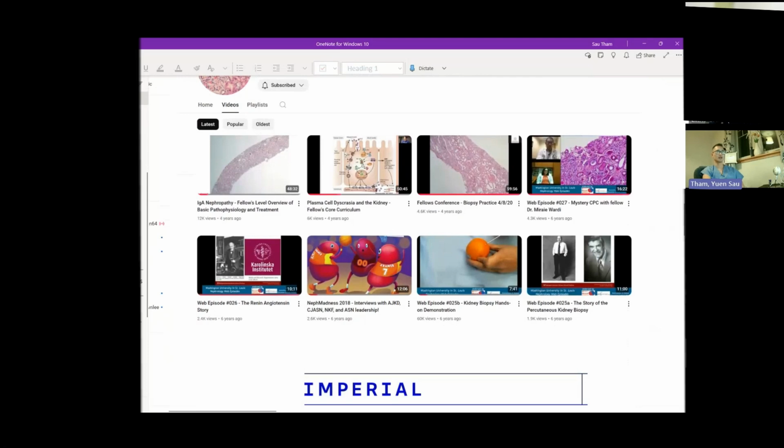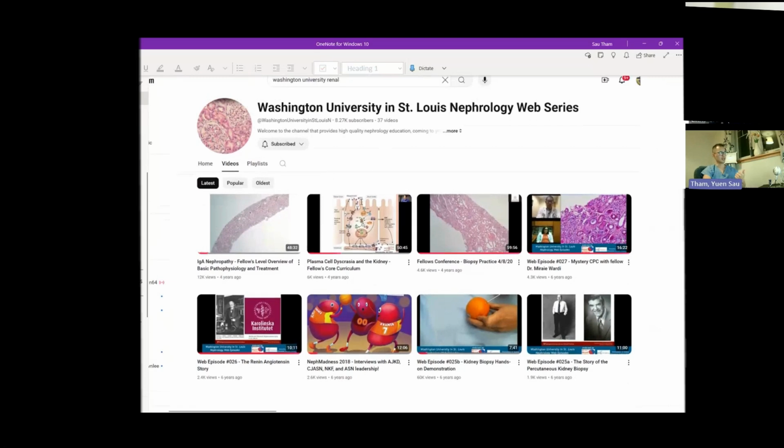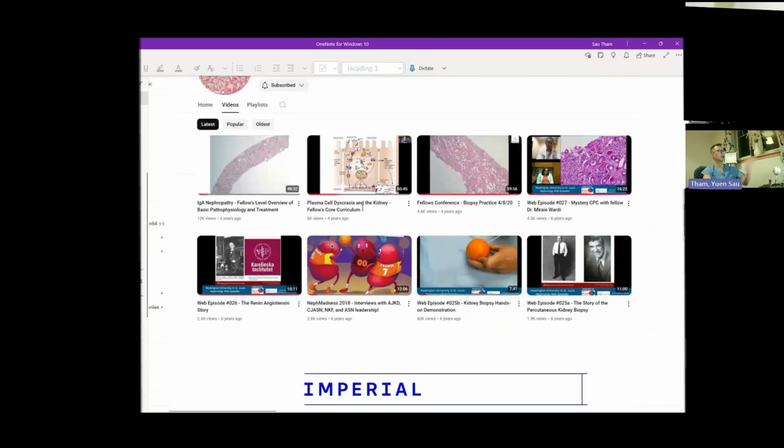IgA nephropathy, and some really interesting cases that they present, and they walk through the interpretation of the kidneys. The creator is a nephrologist, and he often picks up an interesting case and goes through it live with a renal pathologist, and often with a student as well. It's very helpful to go through.